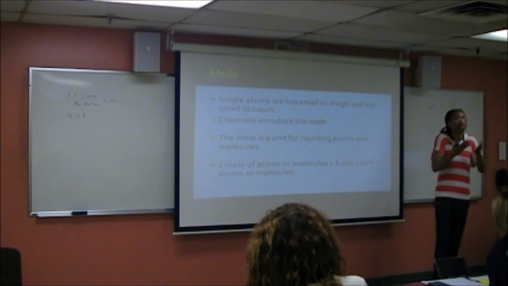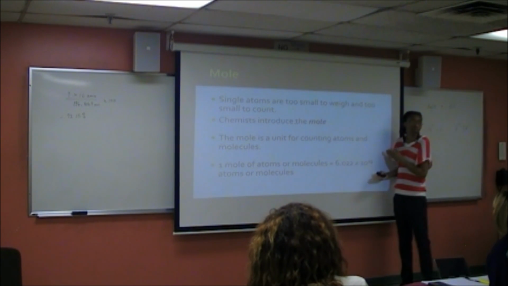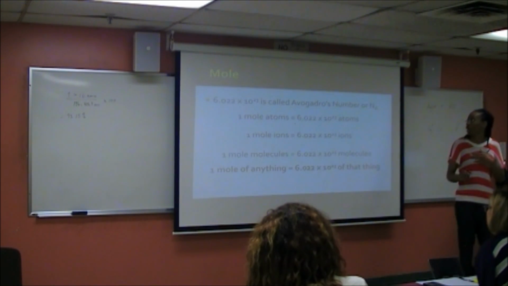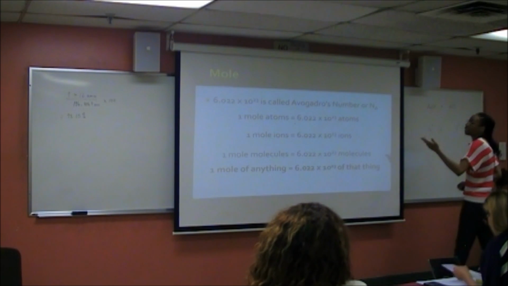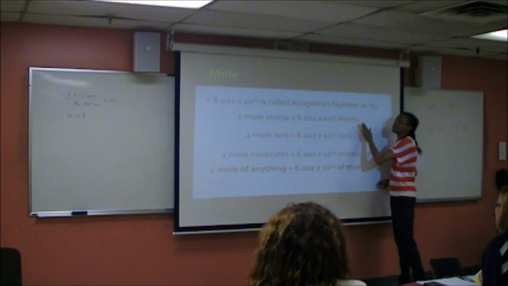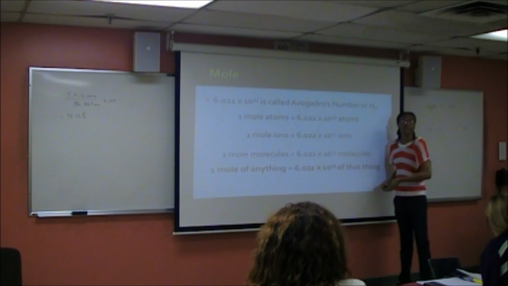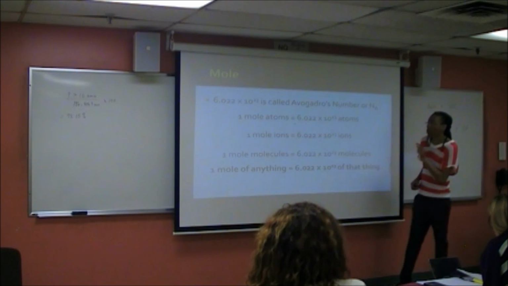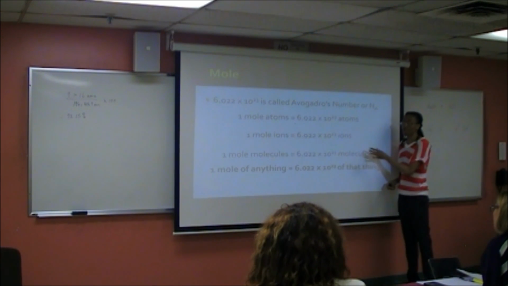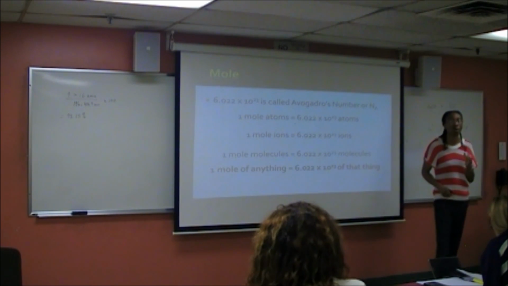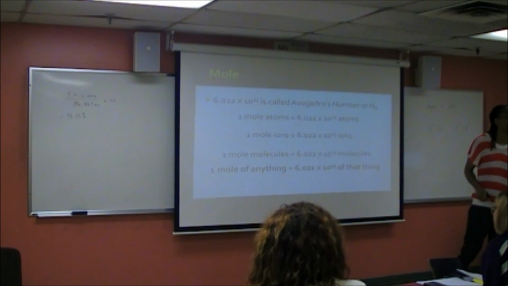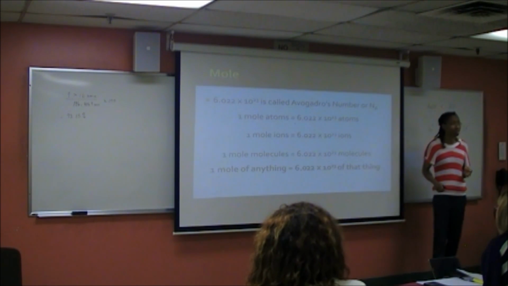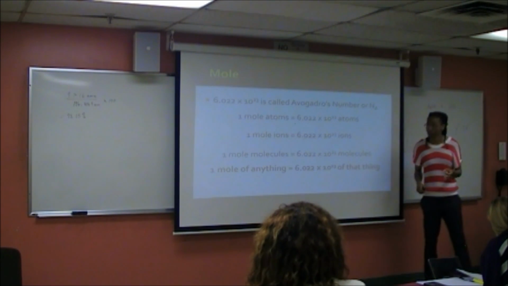If you had 2 moles of atoms, how would you find that out? 2 times this. 1 mole of atoms is Avogadro's number of atoms. 1 mole of ions is Avogadro's number of ions. 1 mole of molecules, Avogadro's number of molecules. 1 mole of anything, 1 mole of people, is Avogadro's number of people. Do we have that many people in this world? We have more than that many people in the world. Okay?